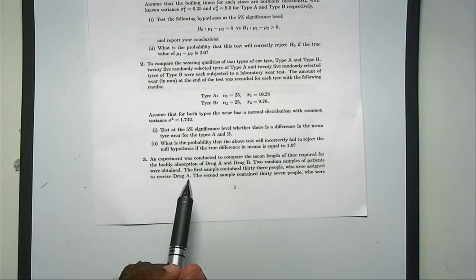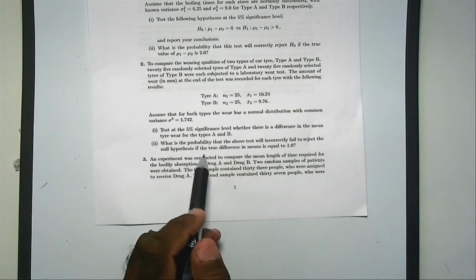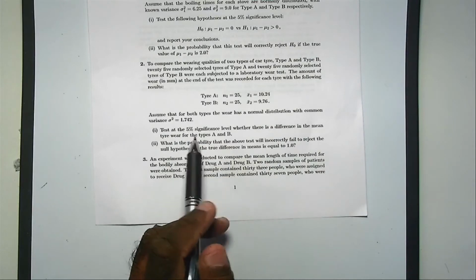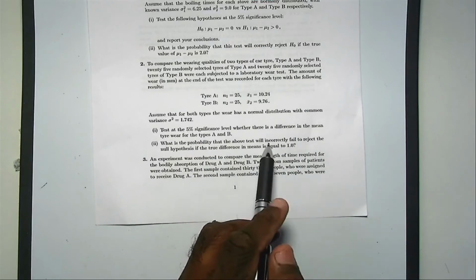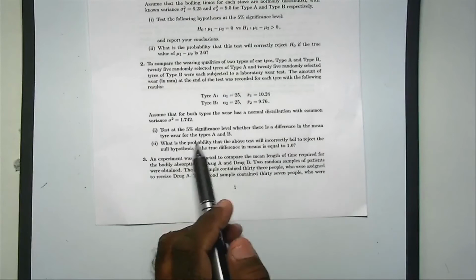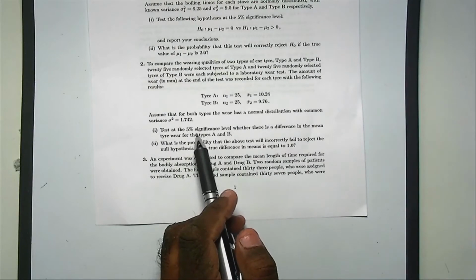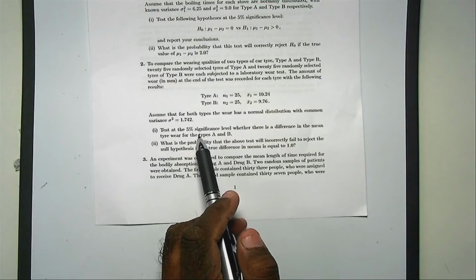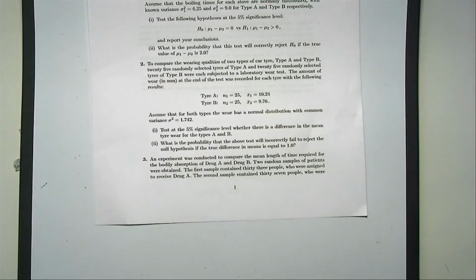And the first part is to test if the population means of the two differ at 5% level of significance. Okay. Let's see how we can do this now.